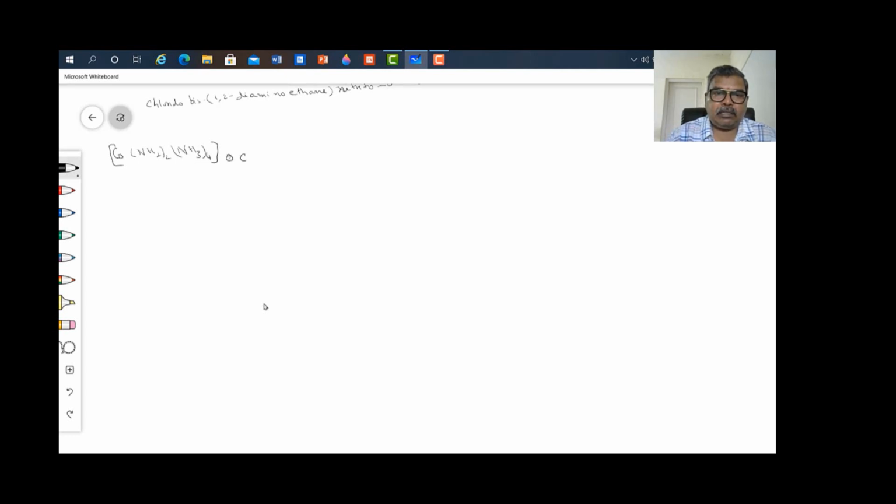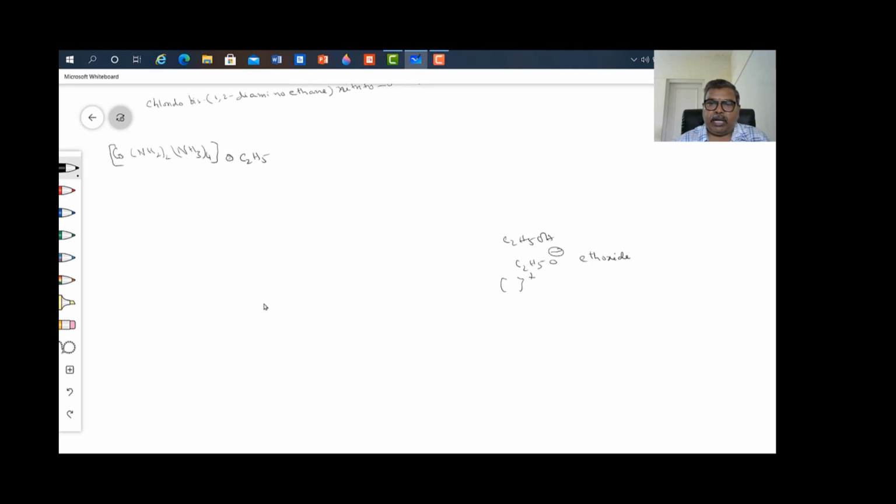This is given, right? So one counter ion is there, C2H5O minus. C2H5OH is ethyl alcohol, so C2H5O minus is the ethoxide ion. So the counter ion is ethoxide ion, and therefore the coordination complex carries a +1 charge.